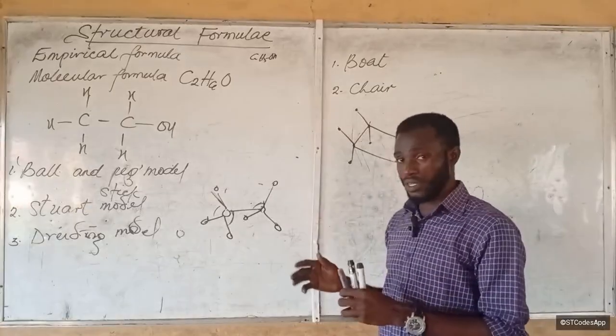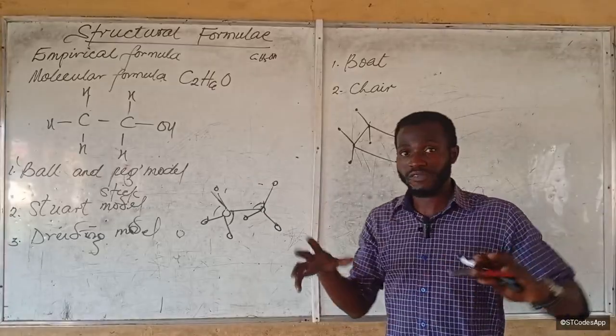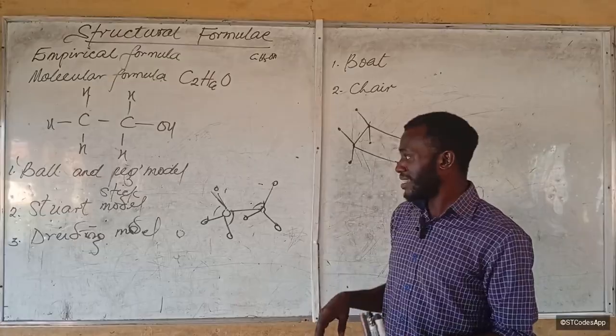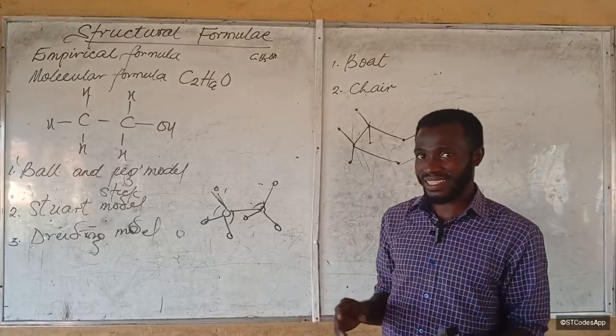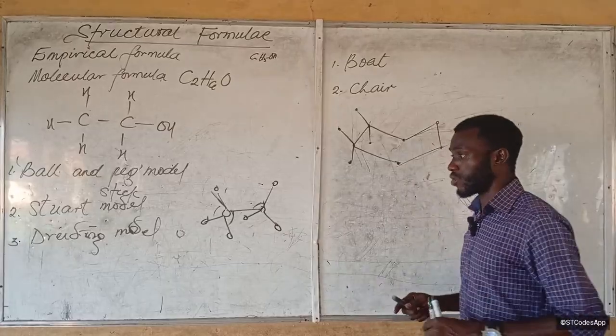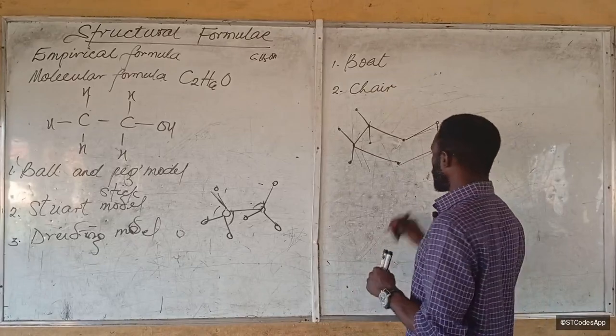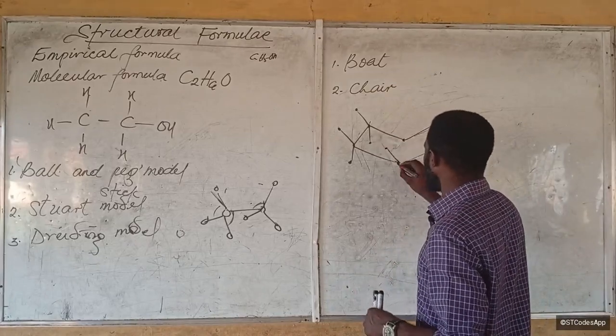The Dreiding model, these conformations are usually a perfect representation of the spatial arrangement and bond length and all of that. But it's used to study the stereochemistry, don't forget that, of large molecules. So I'm going to have something that looks like this.